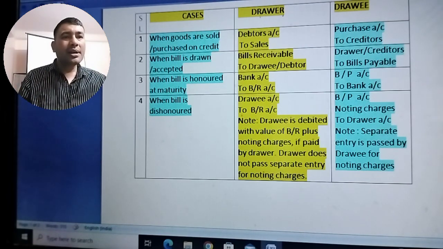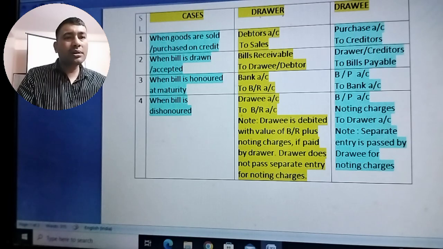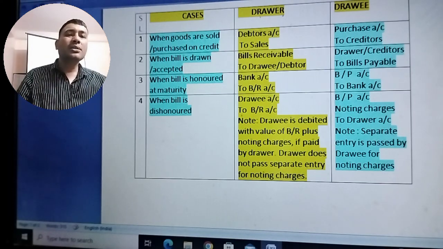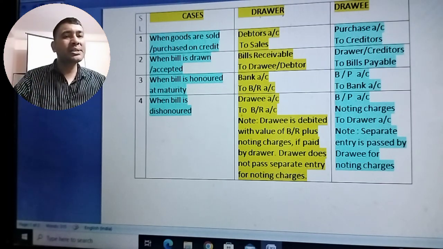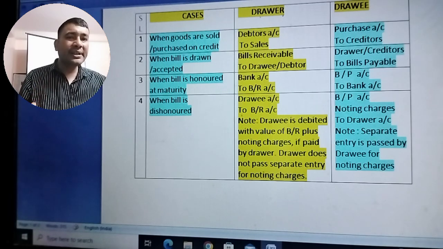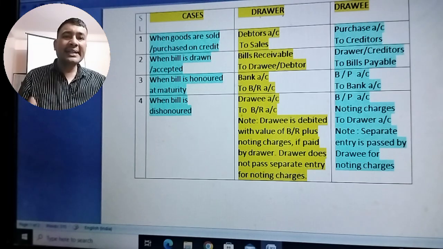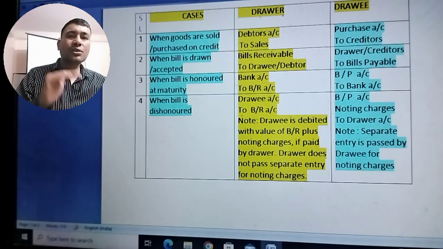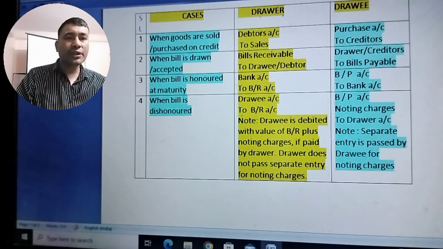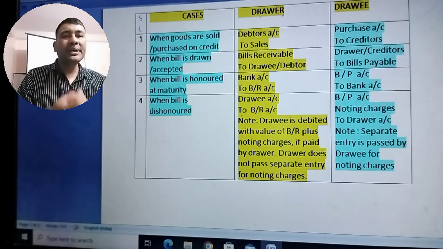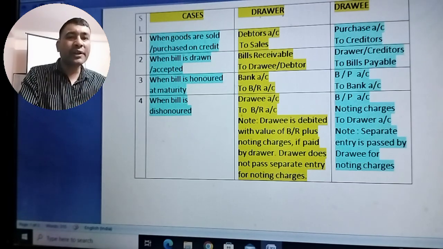However, what will be the entry in the books of the drawee? Whenever a bill is dishonored, the drawee has to cancel bills payable. So he will debit the bills payable, and in every case he will credit the drawer. In every case of dishonor, the drawer will debit the drawee, and the drawee will credit the drawer. So the entry for dishonor in the books of the drawee will be bills payable to drawer.